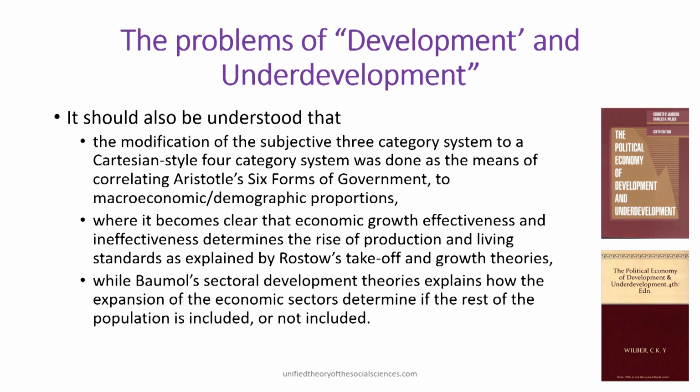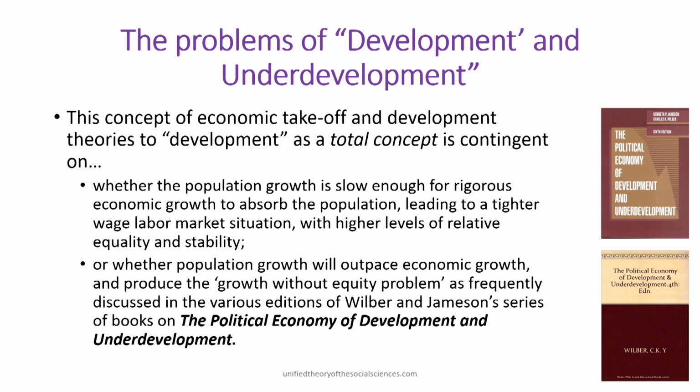The modification of the subjective three-category system to a Cartesian-style four-category system was done as the means of correlating Aristotle's six forms of government to macroeconomic demographic proportions. It becomes clear that economic growth effectiveness and ineffectiveness determines the rise of production and living standards, as explained by Rostow's takeoff and growth theories, while Baumol's sectoral development explains how the expansion of economic sectors determines whether the rest of the population is included or not included.